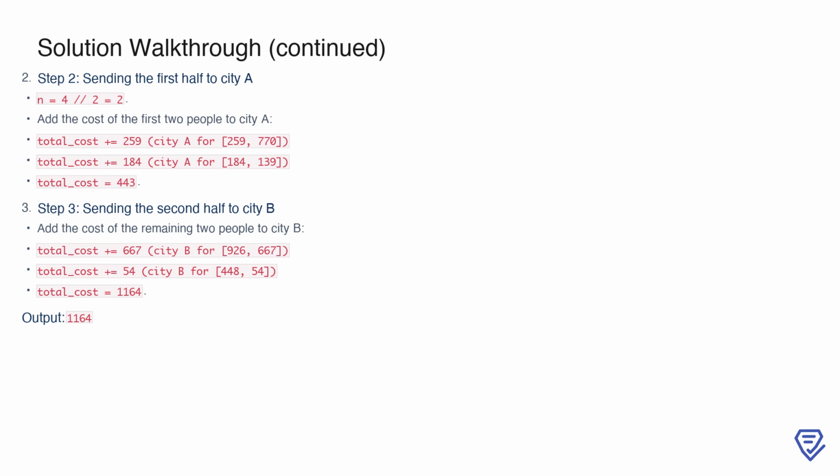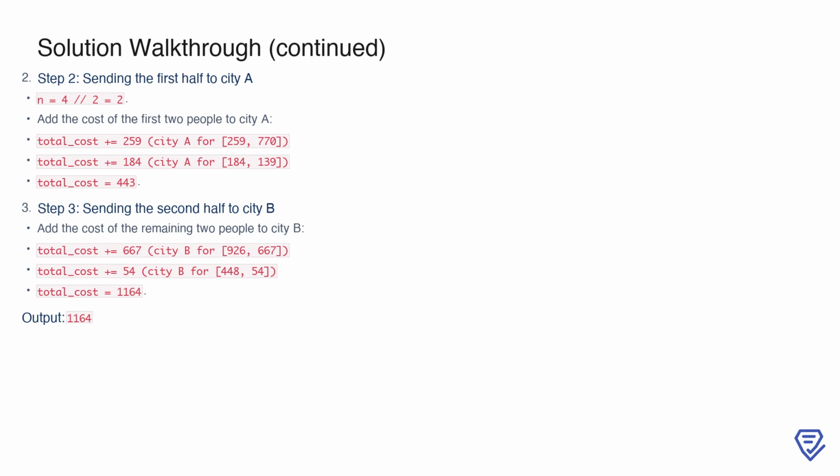Next, we send the remaining 2 individuals to city B. These are 926, 667, and 448, 54. Adding 667 for the first and 54 for the second to the total cost updates it to 1164. Thus, the total minimum cost for this example is 1164.